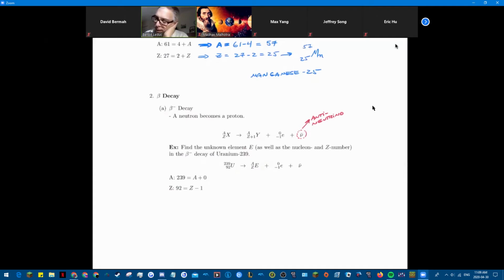Find the unknown element, the nucleon and Z number, in the beta minus decay of uranium-239. Uranium is the natural element with the most protons in it.